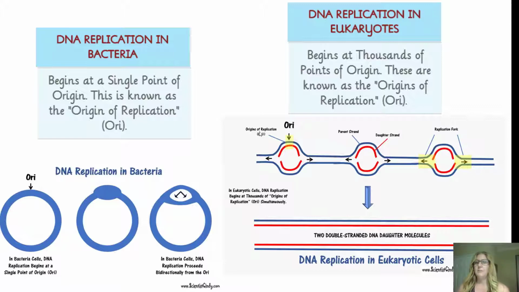Now, the genome in eukaryotes is huge by comparison, so we would never be able to have this done by one single ORI. In eukaryotic cells, we actually see up to even thousands of different origins, or ORIs, within the entire genome. So big difference there.